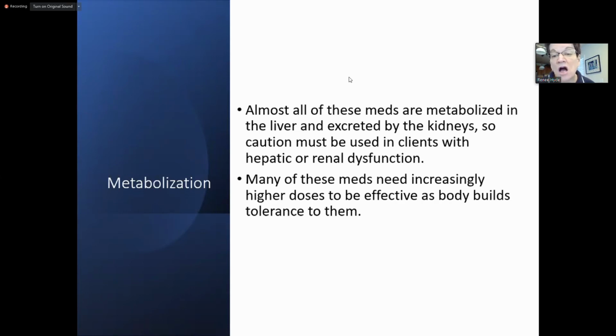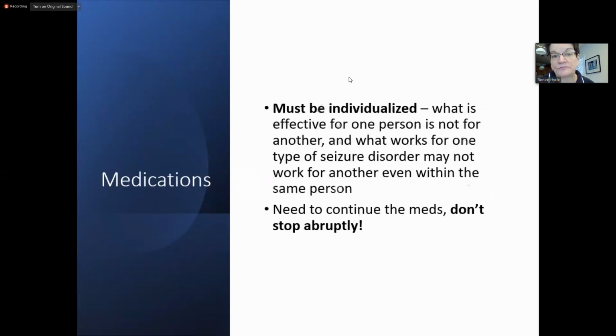So it's a constant reset of the amount that you give to prevent seizures. As I said, it has to be individualized. What works for one person may not work for another.